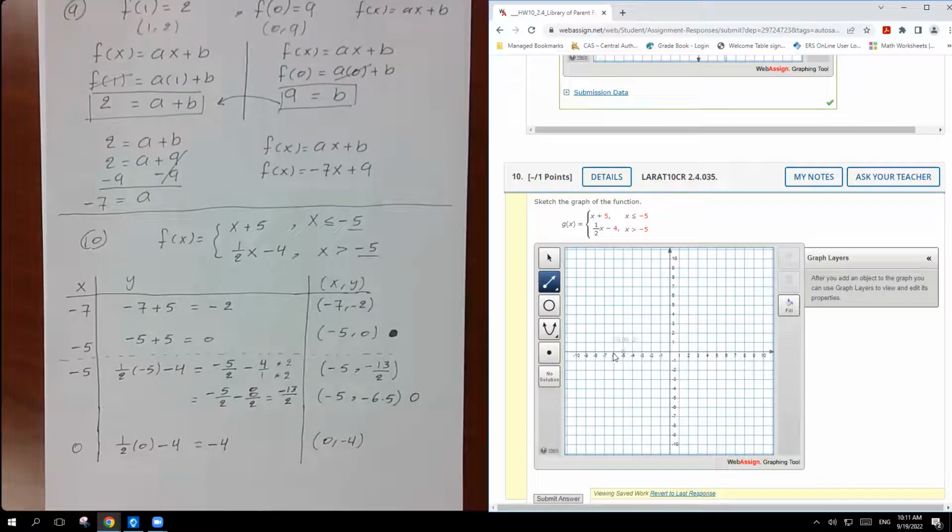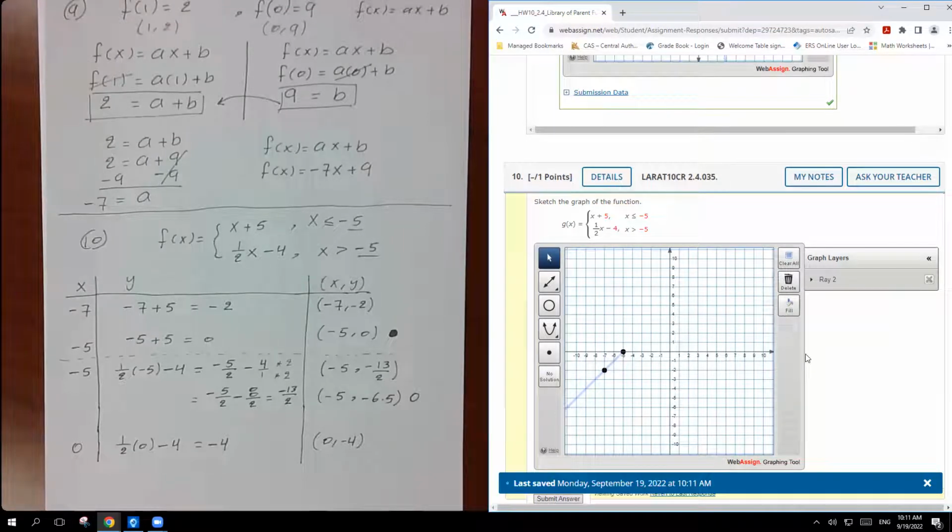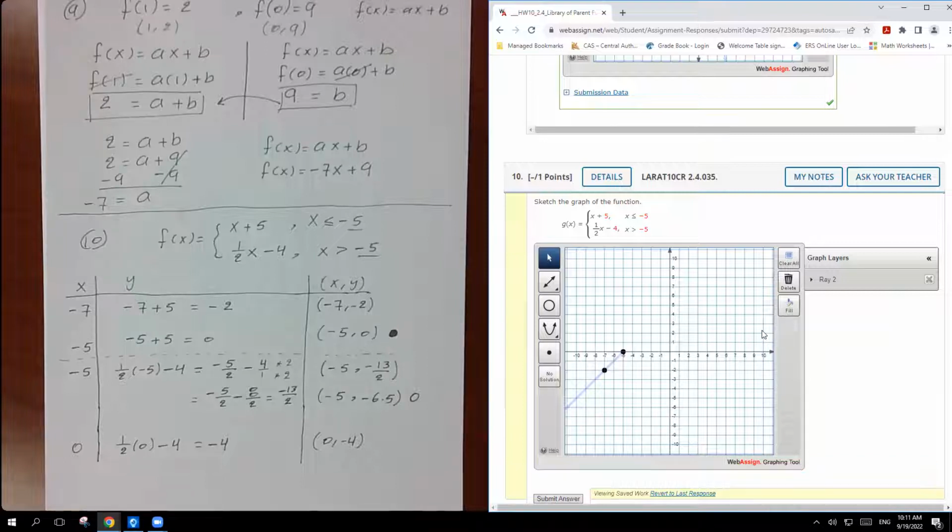So here is negative 7, and negative 2 is going down. I'm going to put the second point, and you'll see the graph goes to infinity from this side. This is the start point. Here is the second point, and the graph keeps going down. So I'm done with the first part of this function.